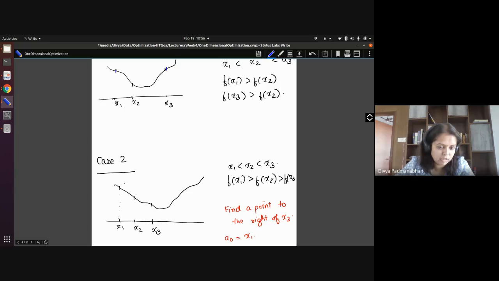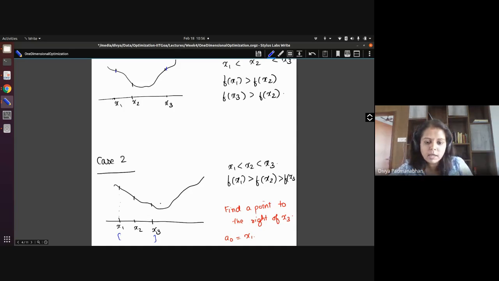If you pick these as your a naught, b naught, that's not going to capture the minimum point. These kinds of issues will also appear in the case where you try to find the gradients. If you don't have the gradients in the way that you want, like in one place it's decreasing and in the other place it's increasing, then there's some fix you need to do there. Something of similar nature would come there too.